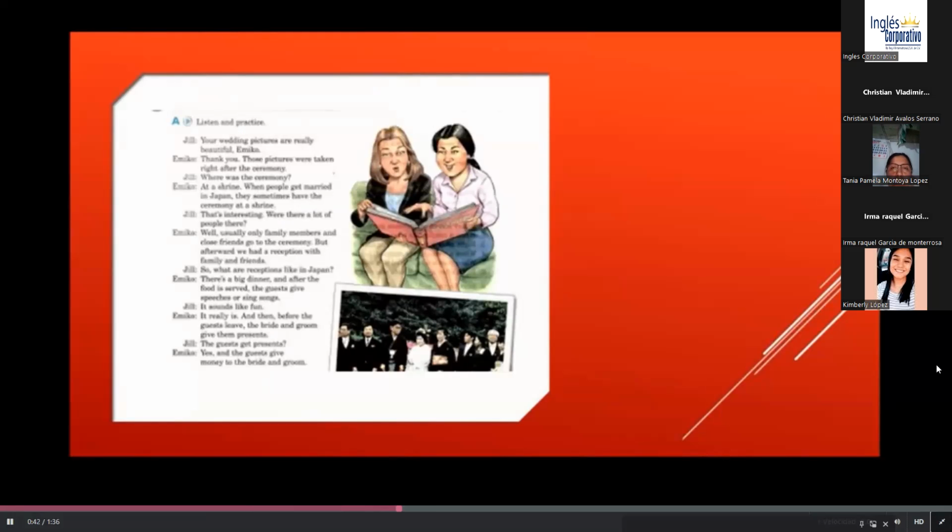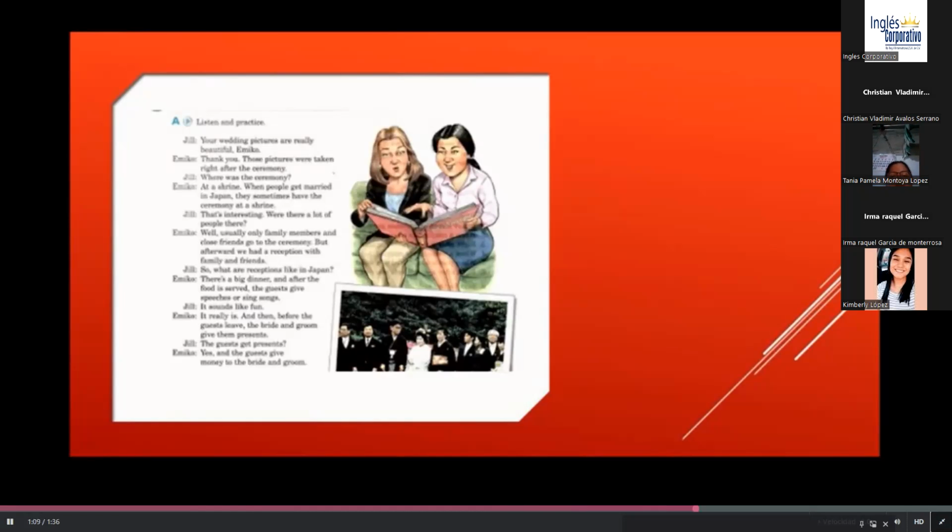But afterward, we had a reception with family and friends. So, what are receptions like in Japan? There's a big dinner, and after the food is served, the guests give speeches or sing songs. It sounds like fun. It really is. And then, before the guests leave, the bride and groom give them presents. The guests get presents? Yes, and the guests give money to the bride and groom.